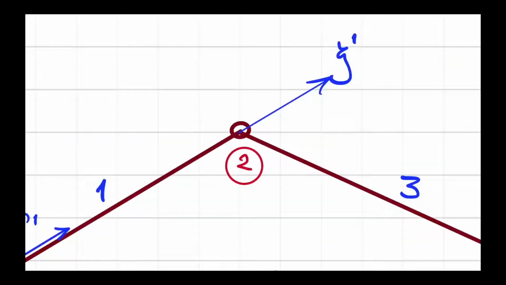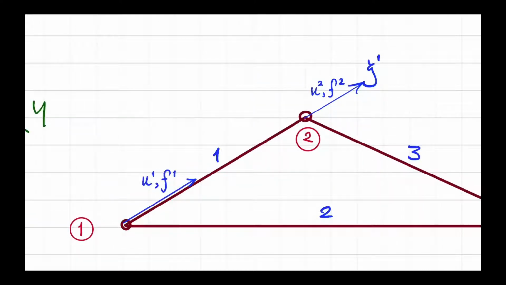This same thing is going to happen at node number 2. So you can imagine that the way we set up the equation in local coordinates makes these sets of variables lie along the C1 axis.